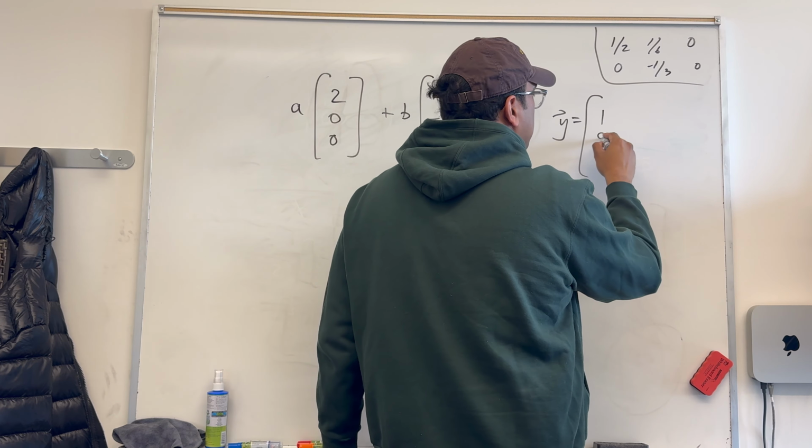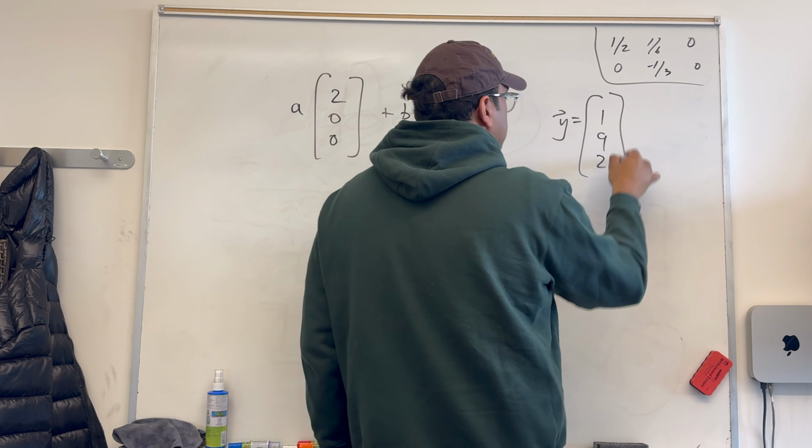That was what we used in the last one. 1, 9, 2. This is really just the same question as the last one, just with a different Y vector. Why is that? Well, these two vectors were just the columns of the X that we were just working with, 2, 0, 0 and 1, -3, 0. And as we saw when we found W star in part A, all we were doing was finding what scalars to multiply the two columns of X by to make that optimal linear combination. So this is really just the same question, just with a different Y.